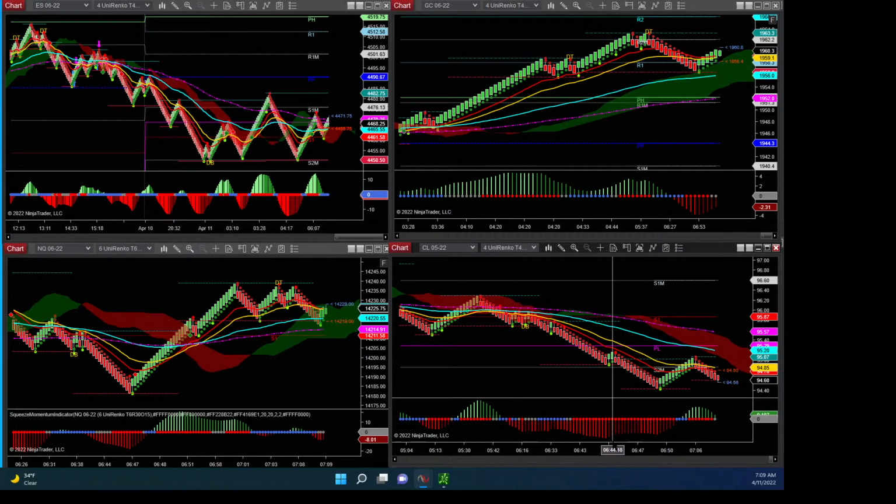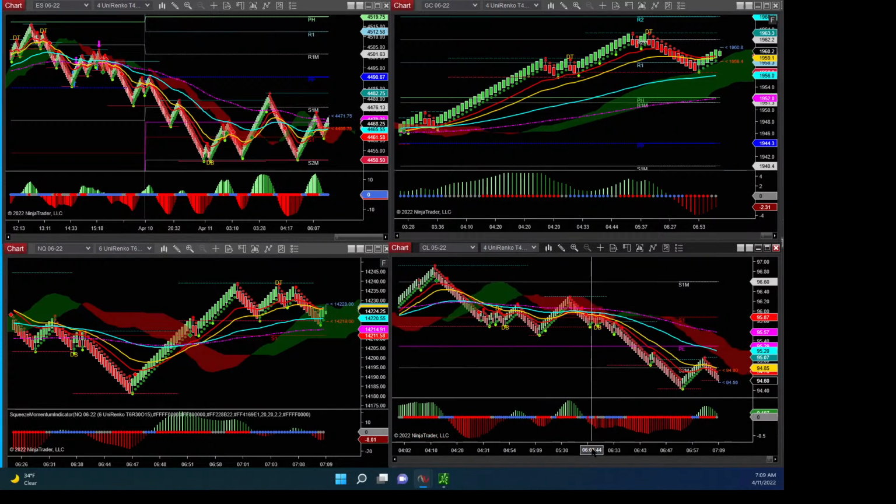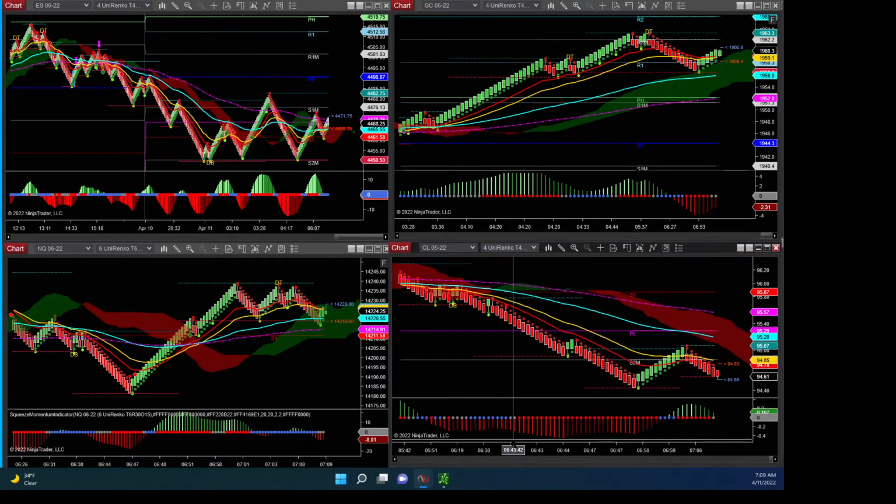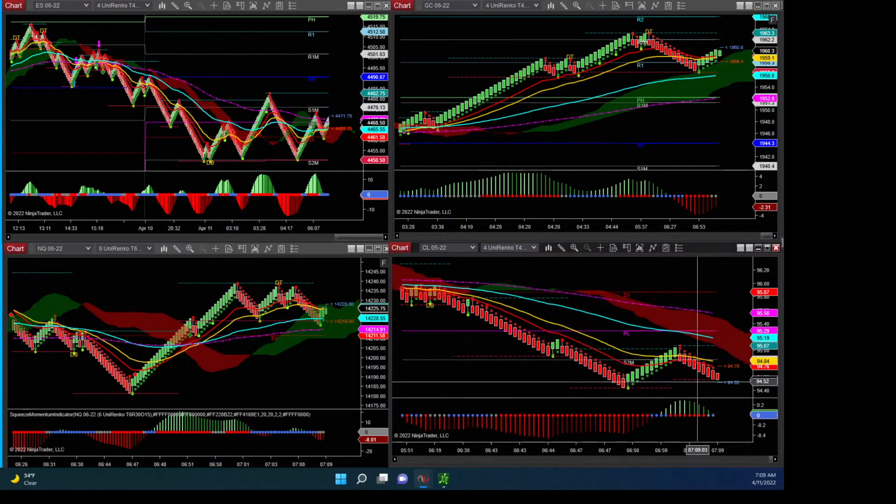It's below the previous low, so it's bearish now, and it's in synchrony with the anchor chart. So this one looks bearish. It's 94.58 now.